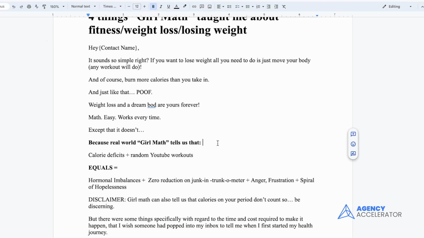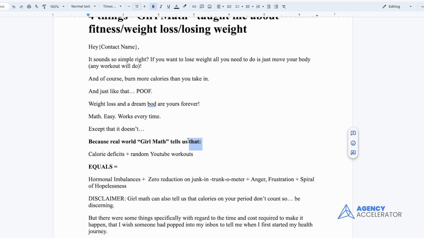By the way, this is the thought process that I go through every time I'm writing these things. Because real world girl math, because here's what real world actually delivers.